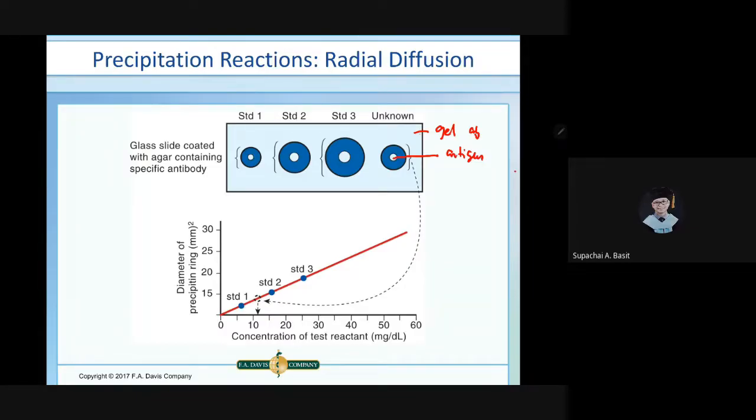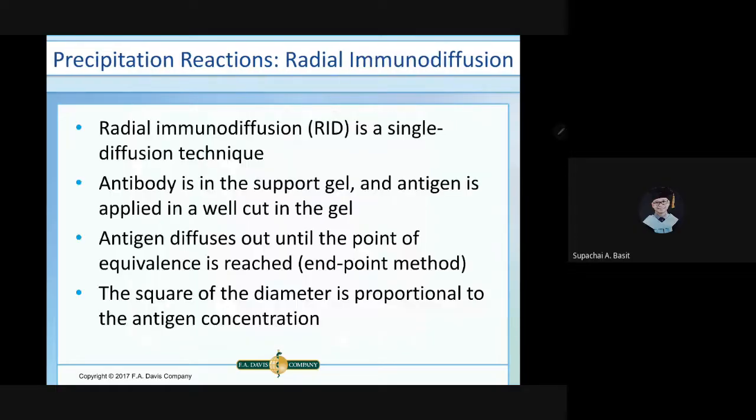If we look at the side view, there's a hole. This is where you apply the antigen. And this is the gel, and the gel contains the antibody. Antigen will diffuse out until the end point of equivalence is reached.